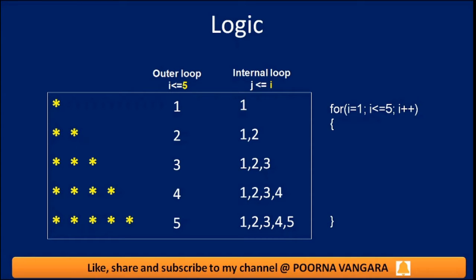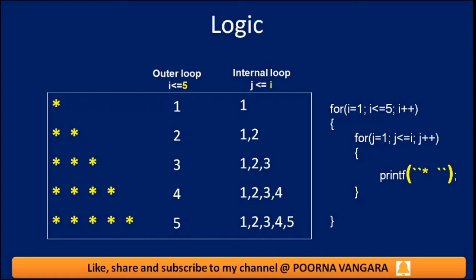So this is the main for body. This is the internal for loop. We are using variable j equal to 1, and the condition, as I said, j less than or equal to I, then j plus plus. So in this body you are going to use the printf function with a star. Don't be confused.